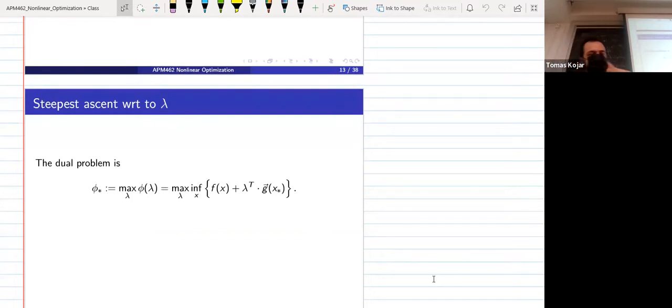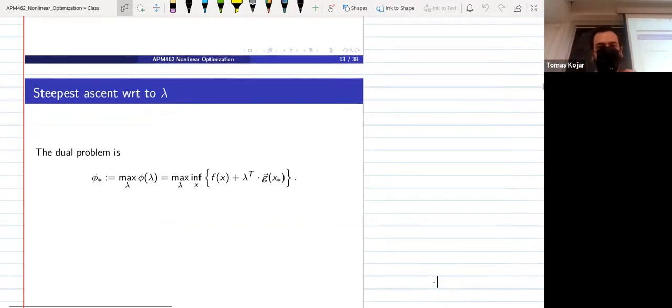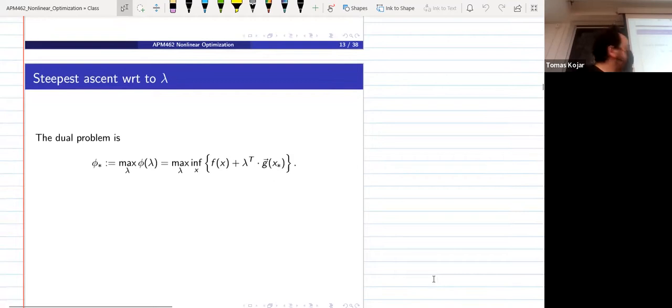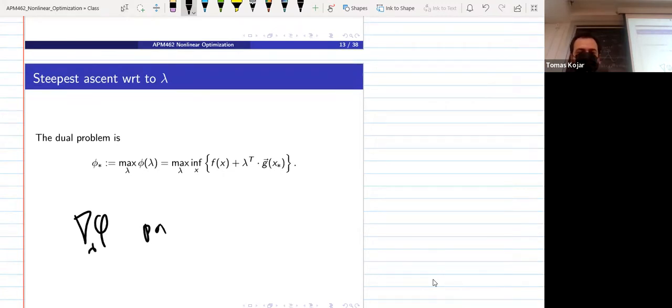Steepest ascent, because it's similar to steepest descent. The dual problem is to maximize, right? So what does the gradient of a function point to?